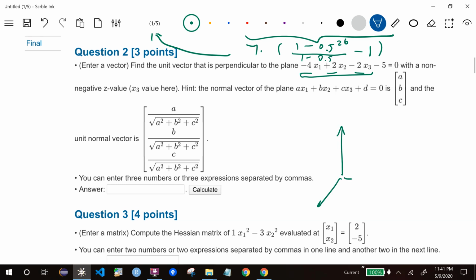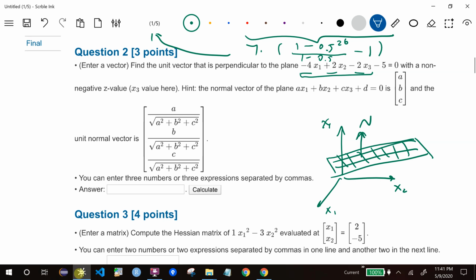So we have a 3-dimensional space, say x1, x2, and x3, and we have a plane here. And there is a vector such that every vector on the plane is perpendicular to that vector.